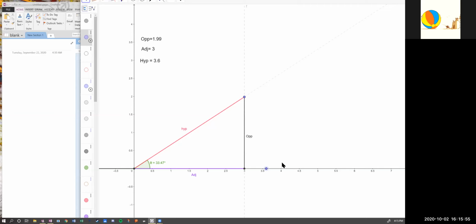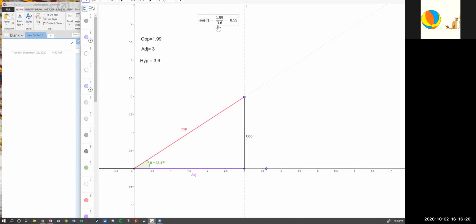And if you remember, we defined our trigonometric functions based on ratios of the lengths between these opposites, adjacents, and hypotenuse values. So for example, when we did sine, it was the ratio between the opposite side and the hypotenuse in a right triangle.